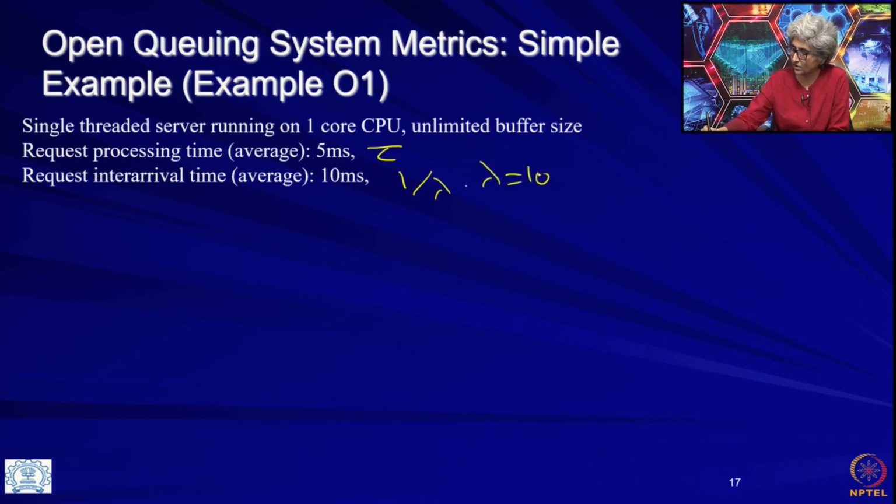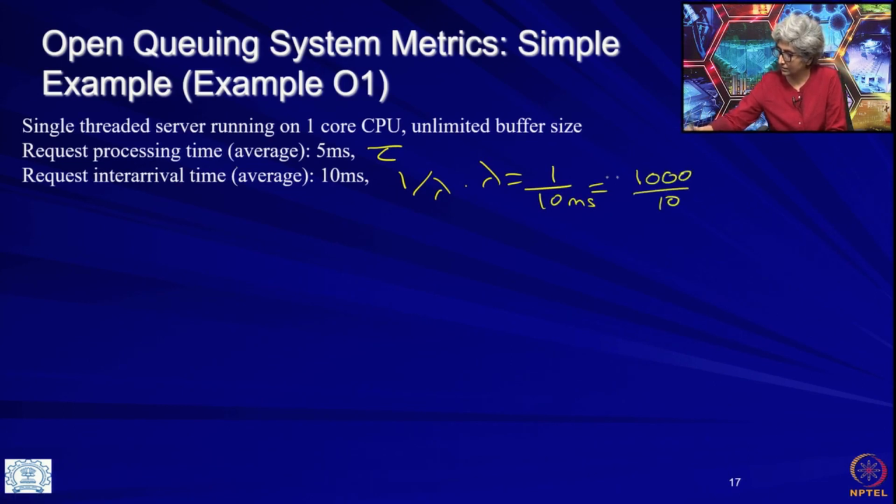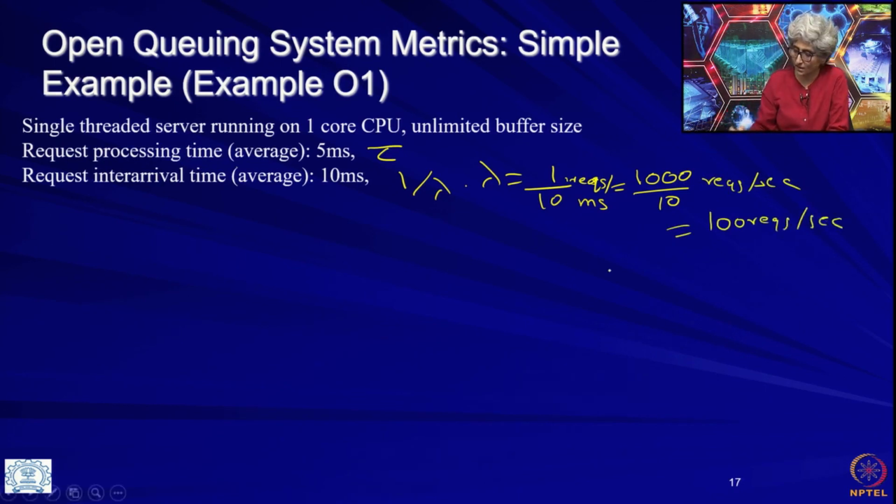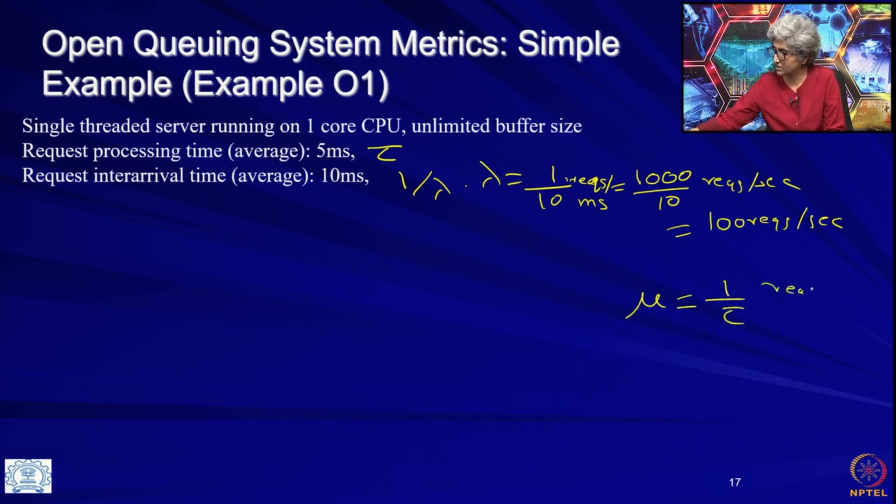So, lambda is going to be 1 over 10 requests per millisecond, which is 1000 by 10 requests per second, which is equal to 100 requests per second. So, lambda is 100 requests per second, and what is mu? Tau is 5 milliseconds, so mu is 1 by tau in terms of requests per millisecond.